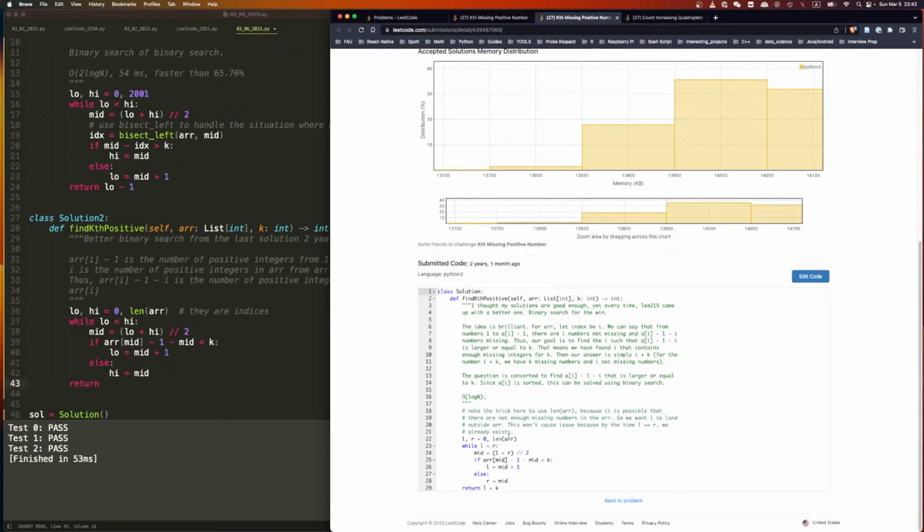Yes, we have this number missing, and we have k. Right, if it's equal to k, then high.